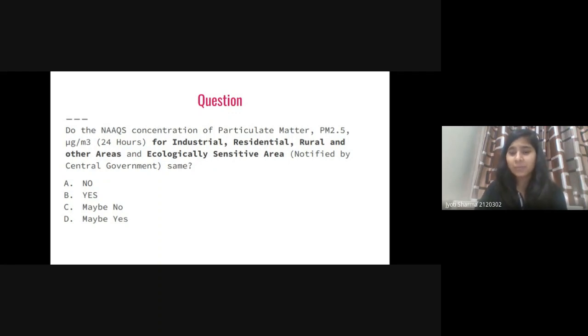Yes, no, maybe? For example, for 24-hour, it is 40 for the industrial. Is it also 40 for the ecologically sensitive area?